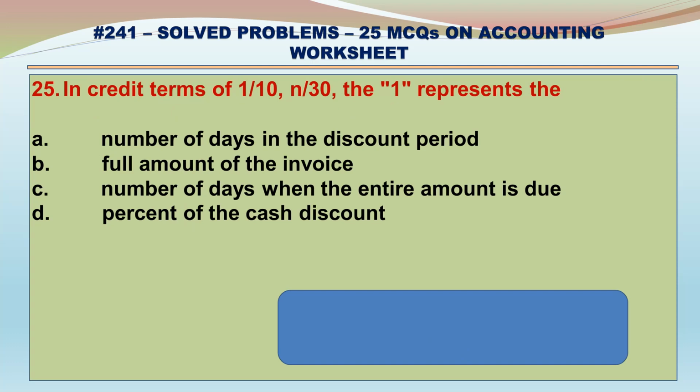Option B. Full amount of the invoice. Option C. Number of days when the entire amount is due. Option D. Percent of the cash discount. Answer D. Percent of the cash discount.